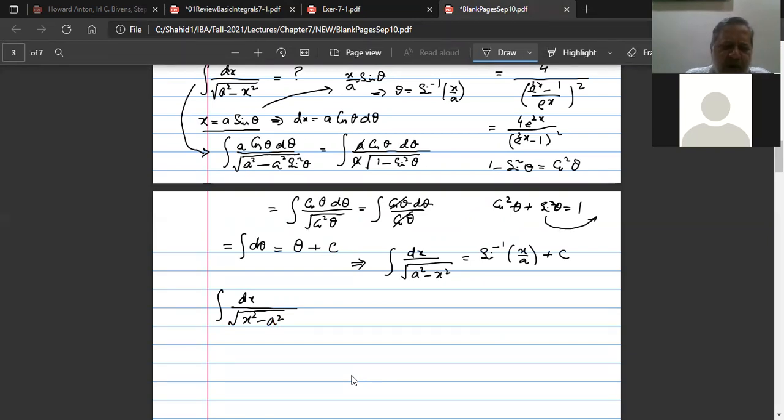Now, whenever we have x square minus a square, there are various kinds of substitution that you can use.